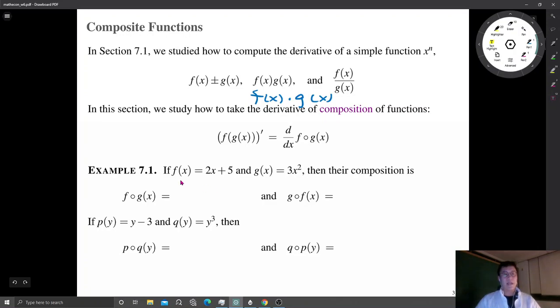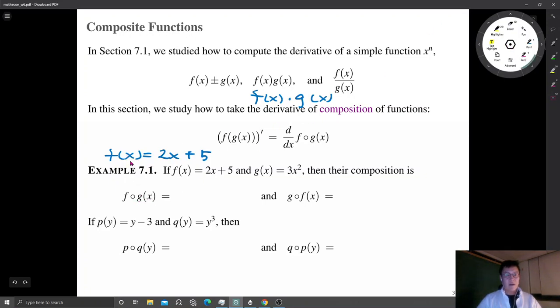In the first example, we have a function f of x given by 2x plus 5, and g of x is given by another function of x, 3x squared. So f of g of x: originally f of x is 2x plus 5. Now this is going to be the outer function of this composition, right? So now the input is going to be g of x.